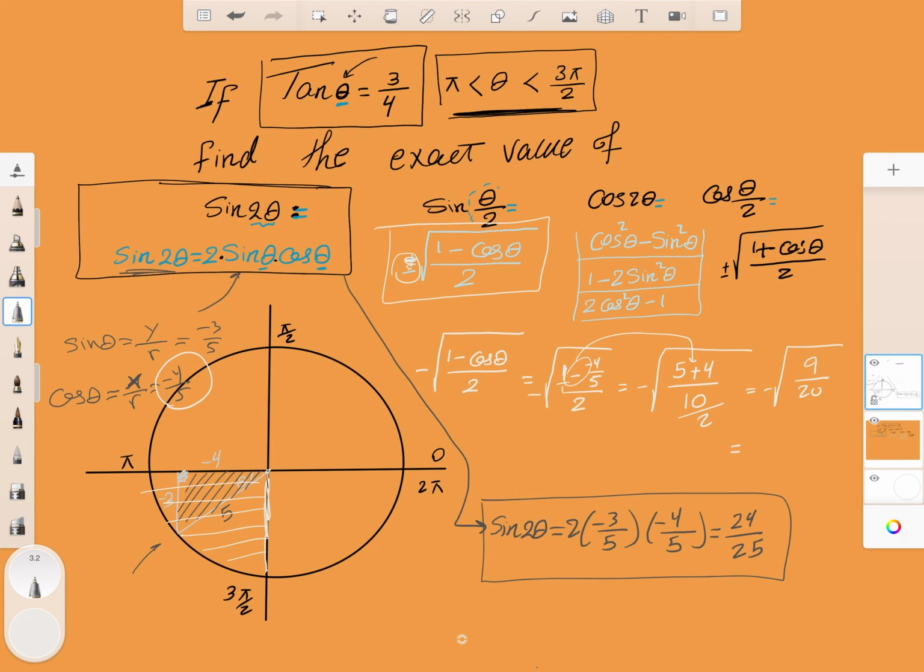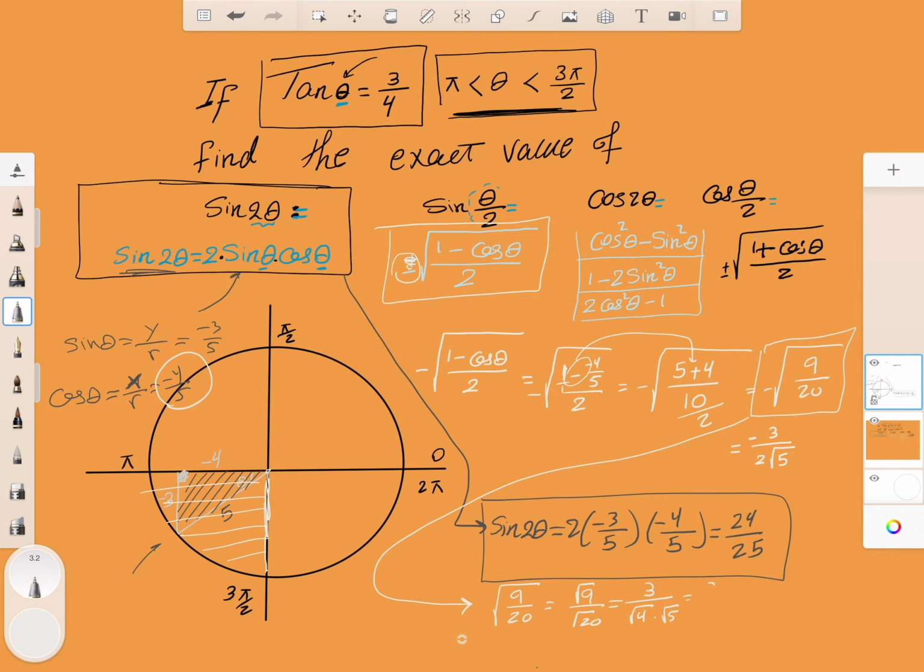If you simplify it, you get negative 3 over 2 root 5. And let's see, how did I get this? We had radical 9 over 20. This is radical 9 over radical 20. Radical 9 is 3. Radical 20 is radical 4 times radical 5.